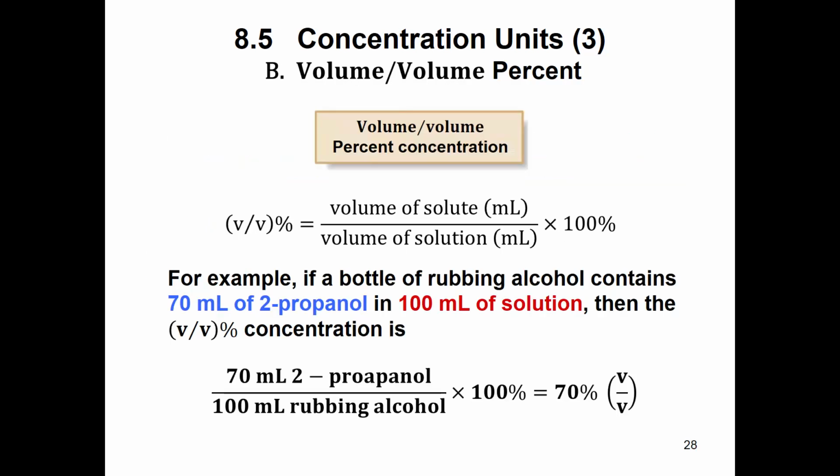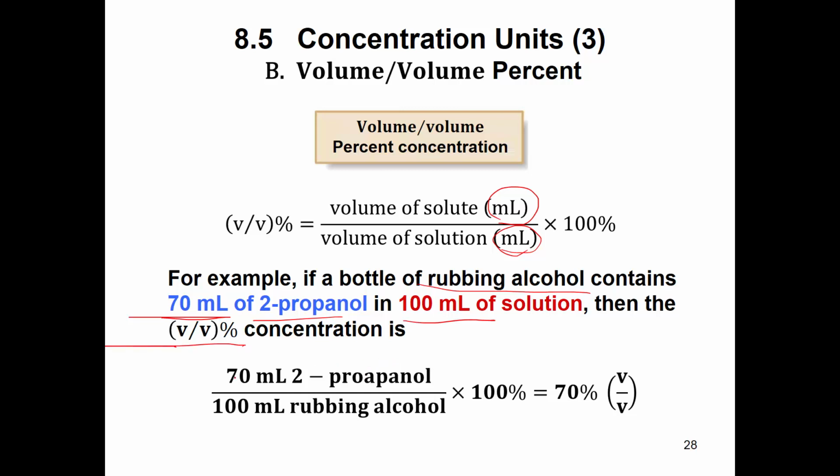Another way to do it is volume. How many milliliters of solute are dissolved in how many milliliters of solution? And so alcohol, rubbing alcohol that we all use at home, has 70 milliliters of isopropanol or 2-propanol in 100 milliliters of solution, water.